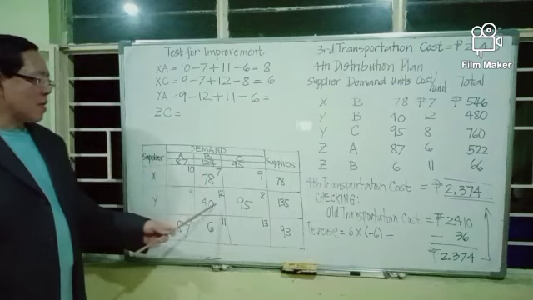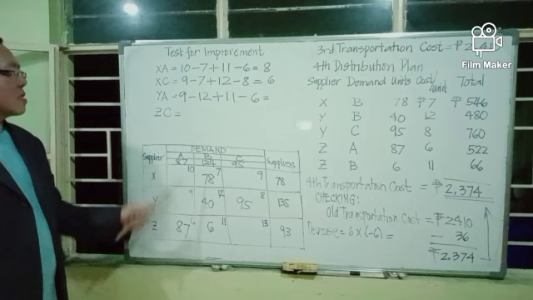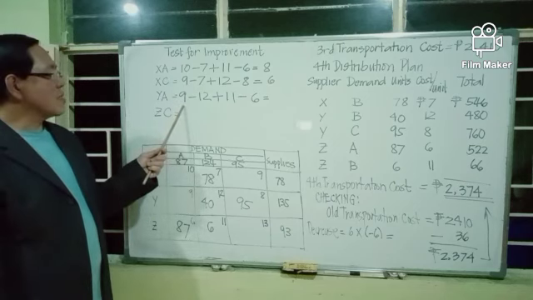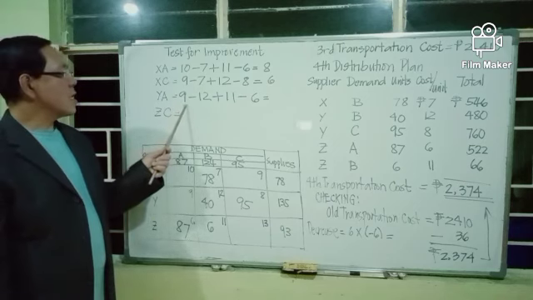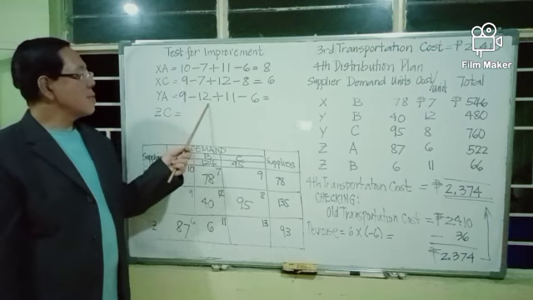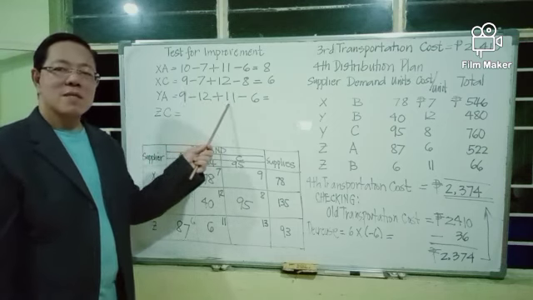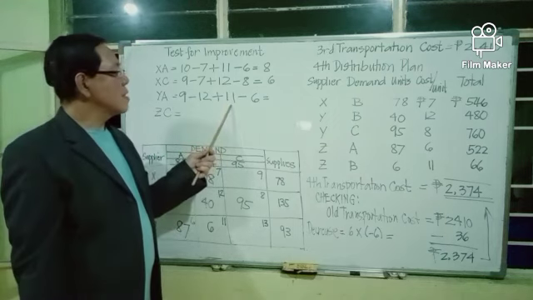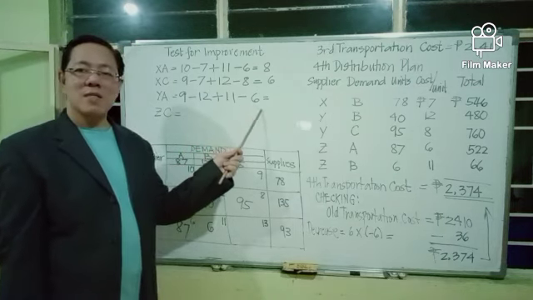The net sum cost is 9 minus 12 is minus 3, plus 11 is 8, and 8 minus 6 is 2.